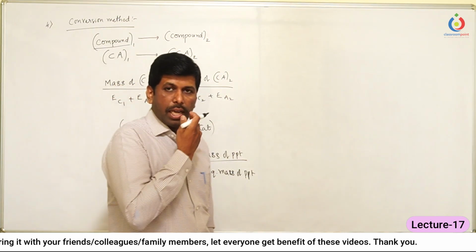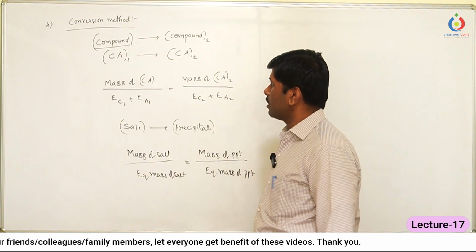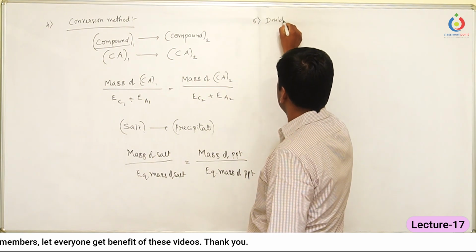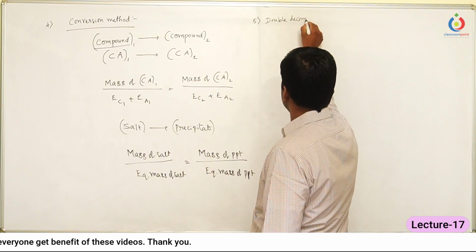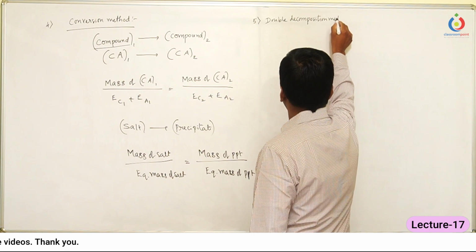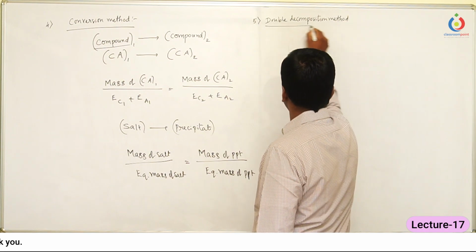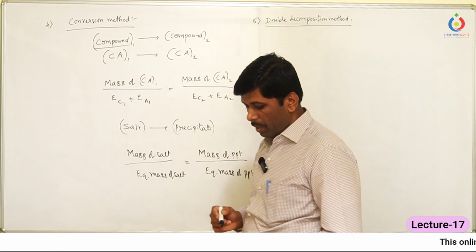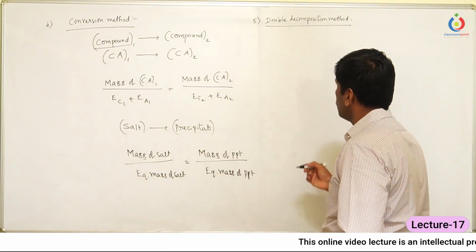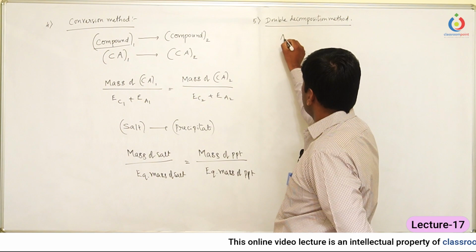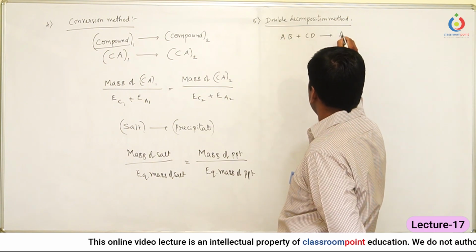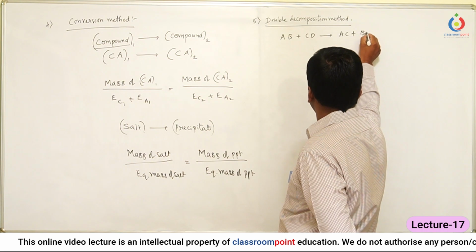There is a similar method to this that is called the double decomposition method. In this double decomposition method, imagine AB reacts with CD to produce AC plus BD.